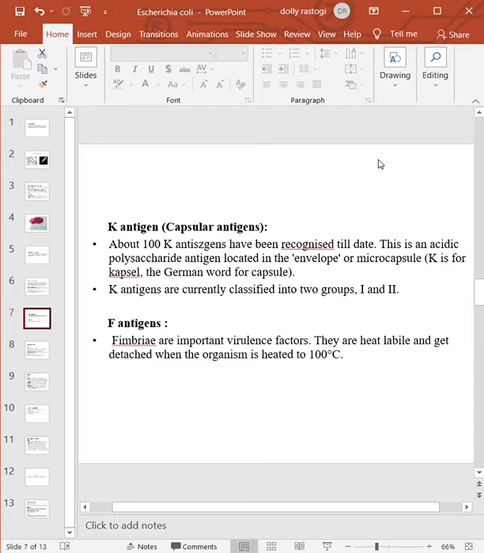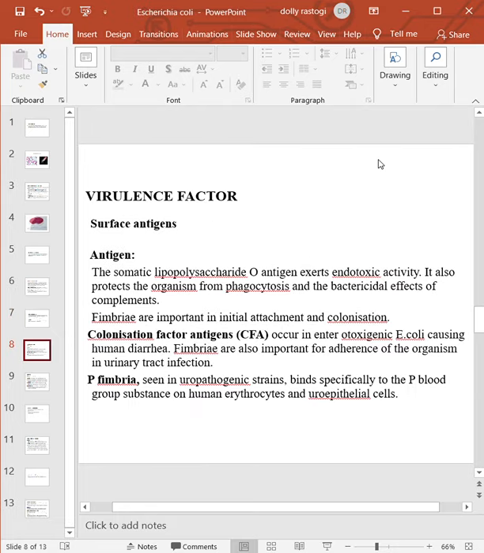They are acidic in nature, polysaccharides located on the envelope. The F antigen is important for the virulence factors. They are heat labile in nature and they generally get detached when the temperature is increased to 100 degrees centigrade.